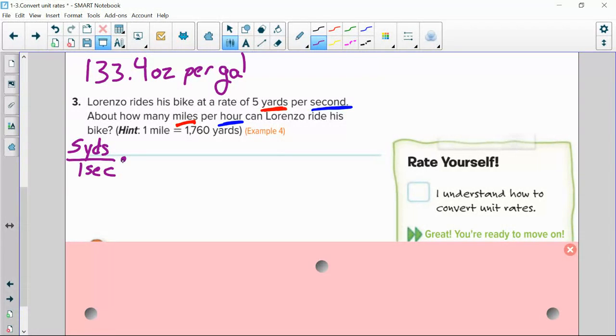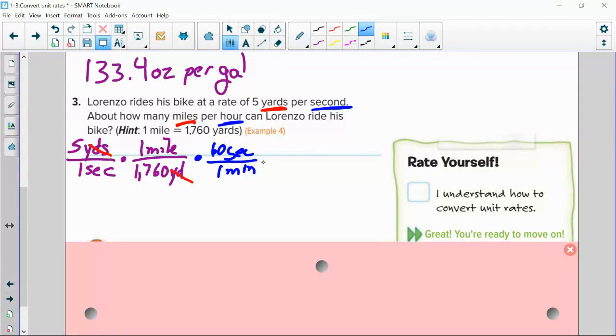Okay, so let's focus on yards. And it gives us a hint. 1 mile is our 1,760 yards. Okay, that would get the yards canceled out. But now we need to worry about changing our 1 second. How many seconds are in a minute? 60, right? So 60 seconds in 1 minute.